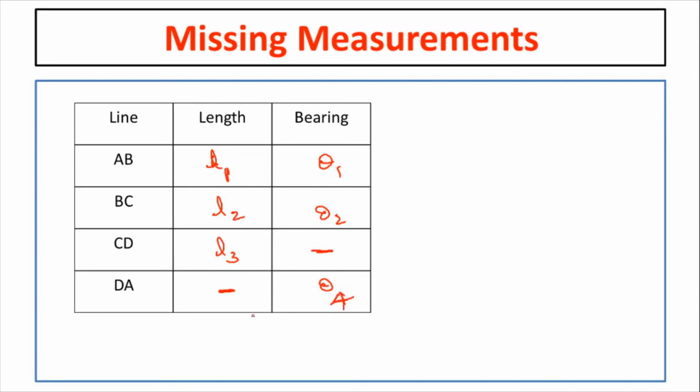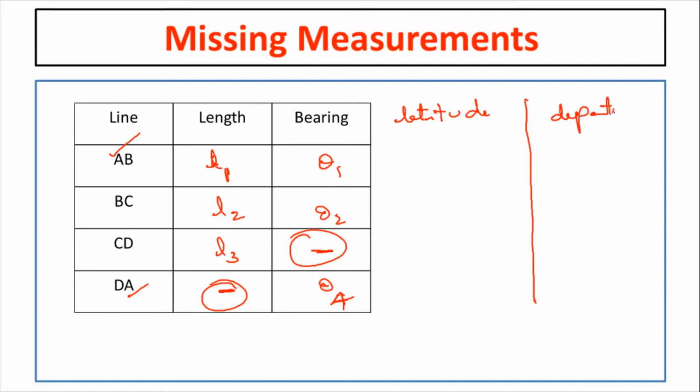Now whatever the two missing measurements are there, they can be calculated here. If it is a closed traverse, because starting point of the traverse is ending point of the traverse, then we have to calculate the latitude of each line and the departure of each line. Once you calculate the latitude and departure, you will get one equation here and another equation here.